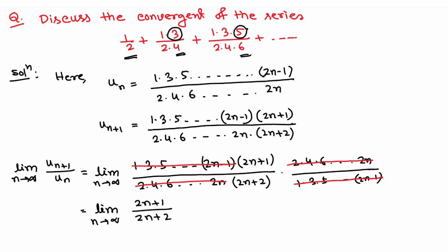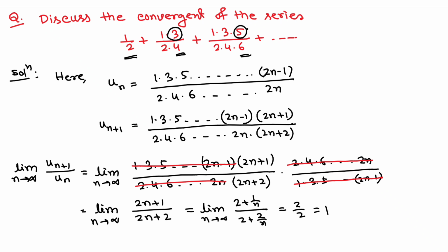Now if I simplify this by dividing by n, limit n tends to infinity 2 plus 1 by n divided by 2 plus 2 by n. So 1 by n will be 0, 2 by n will be 0, answer is 2 by 2, which equals 1.